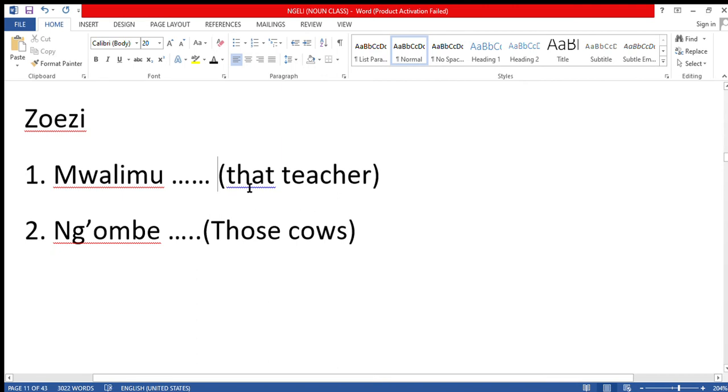The first one is that teacher. The second one is those cows. And the cows is ng'ombe, and then teacher is mwalimu. Okay, so just write if it's those, if it's hawa, wale, how, just write.